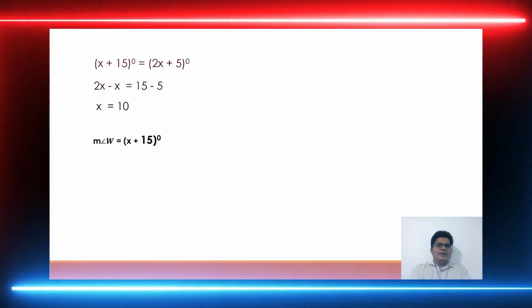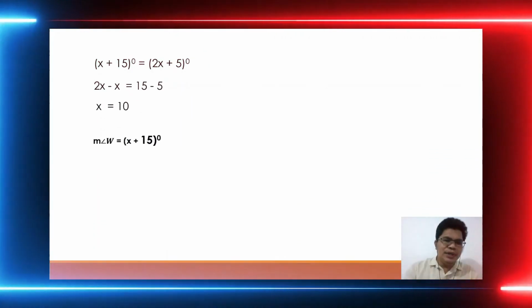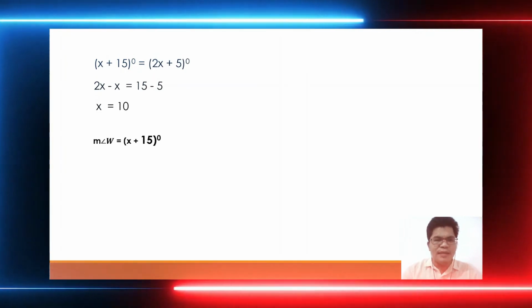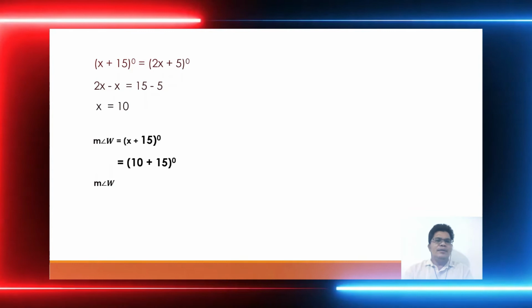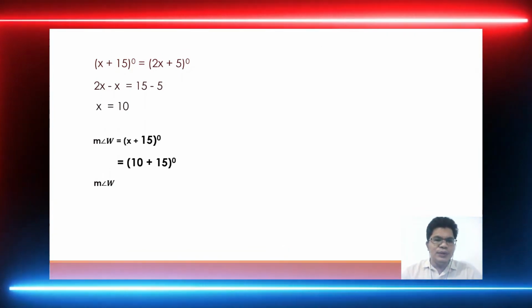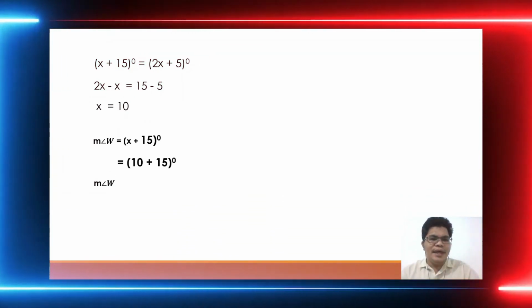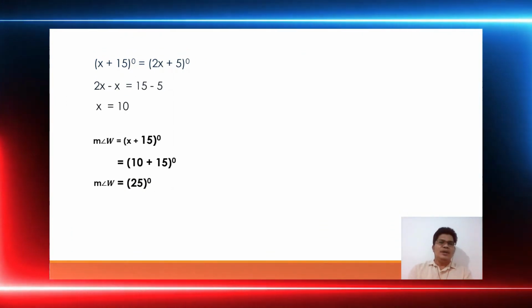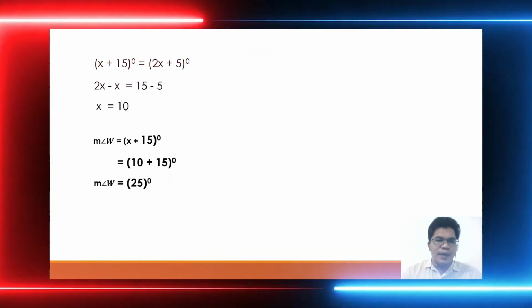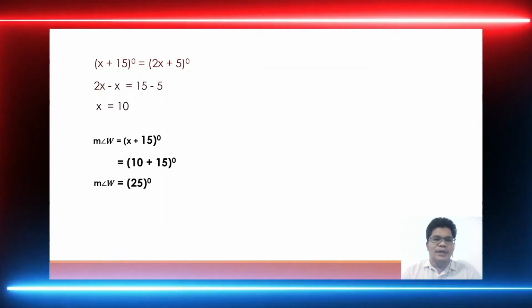The measure of angle W equals x plus 15, and by substitution, it becomes 10 plus 15, so the measure of angle W equals 25. Now, any question about example number 1?